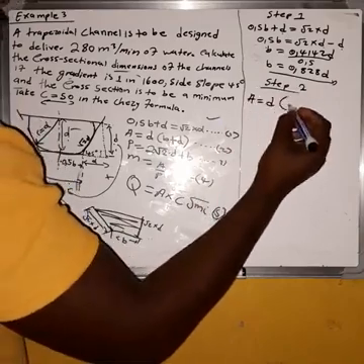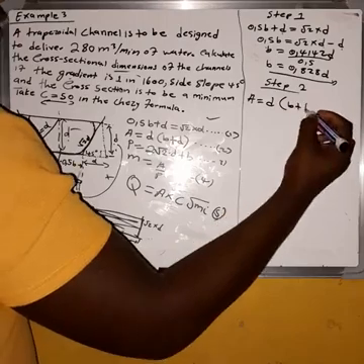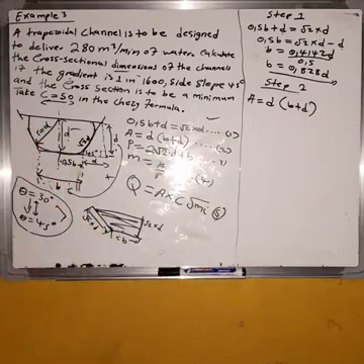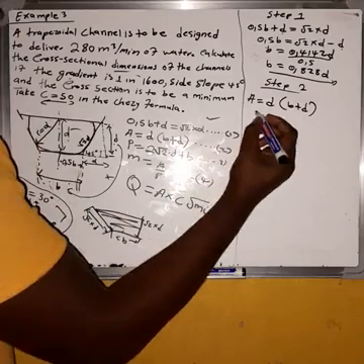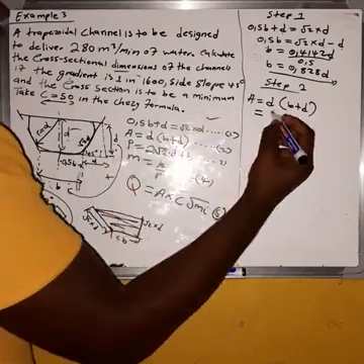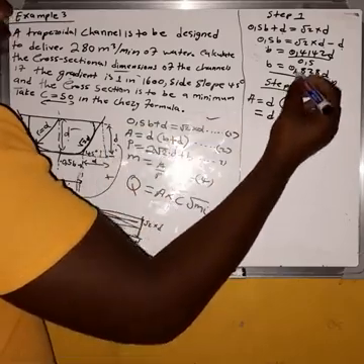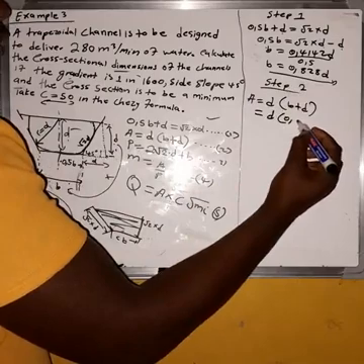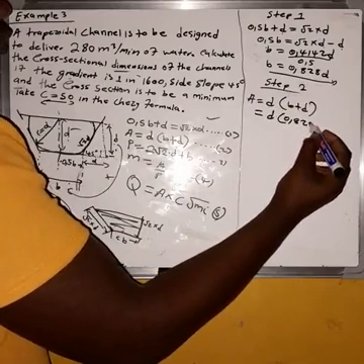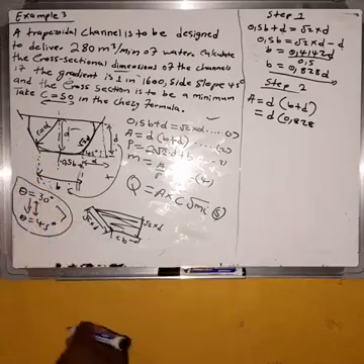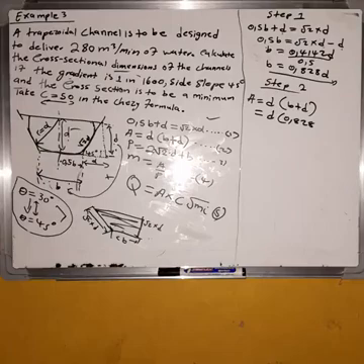Depth times b plus d. That's the depth. We don't have a depth, but we have b, which is 0.828d, right?